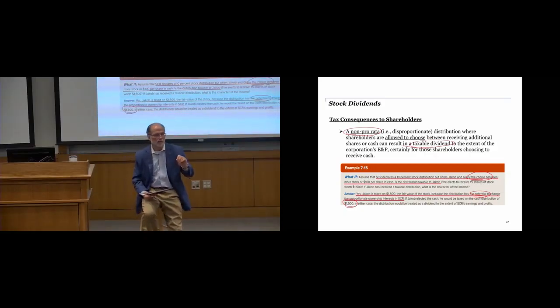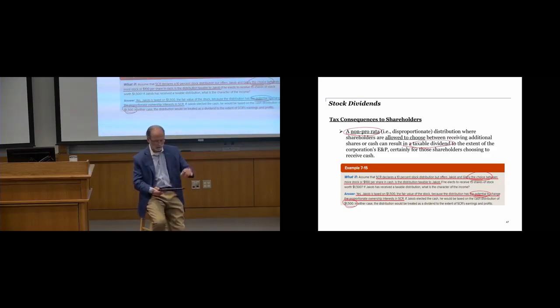Because think in a widely held scenario, not all the taxpayers are going to choose either cash or stock. Some are going to choose one or the other. And so you're going to have a disproportionate change in the relative ownership of the corporation, and that's what causes the distribution to be taxed.